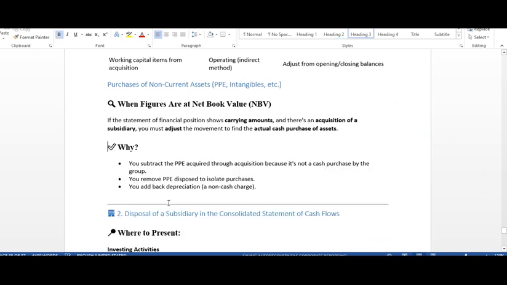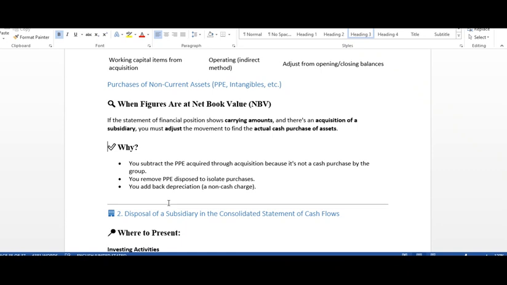So why do we have this? The essence of it is for you to subtract your PPE acquired through acquisition because it is not a cash purchase. Now, if you acquire a business and you acquire the PPE of your business, if the PPE you have acquired is part of the purchase consideration or something, it is not a cash purchase.